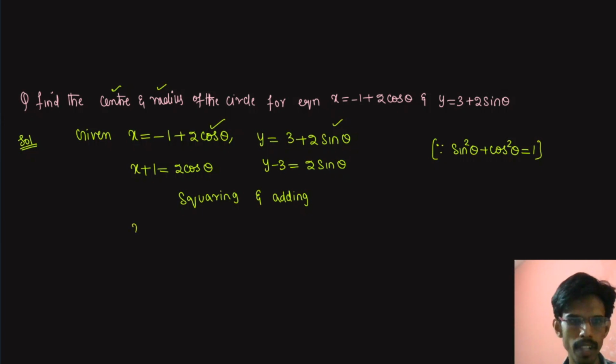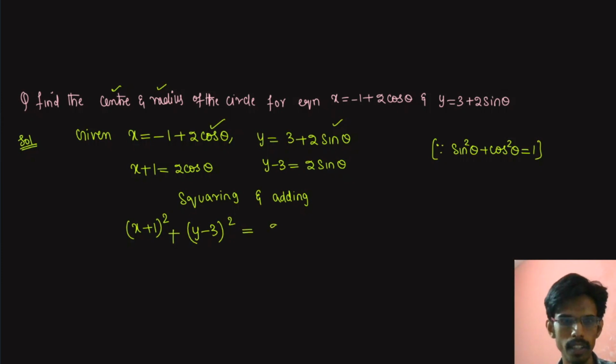So on the left hand side I have (x plus 1) square, and on this side I have (y minus 3) square. Now add: adding the left hand side and adding the right hand side. Here I have (2 cos theta) square plus (2 sin theta) square.